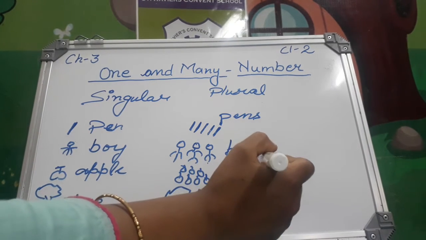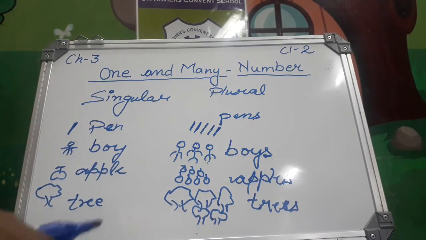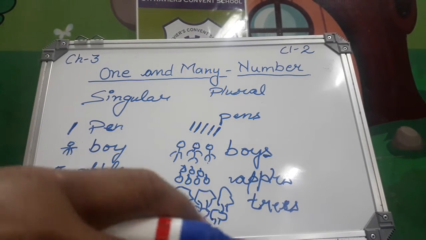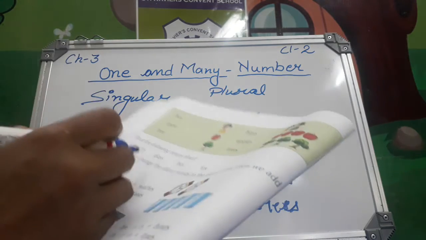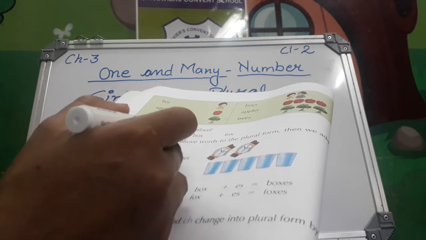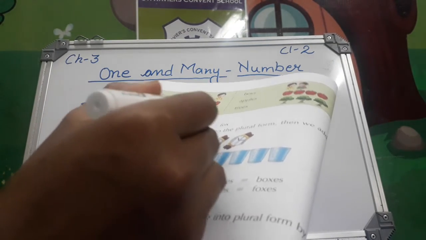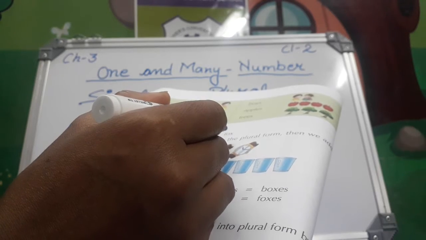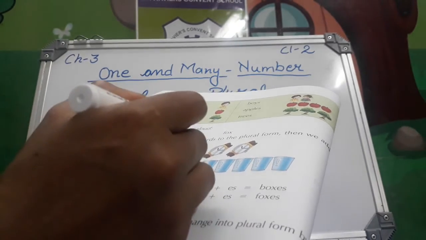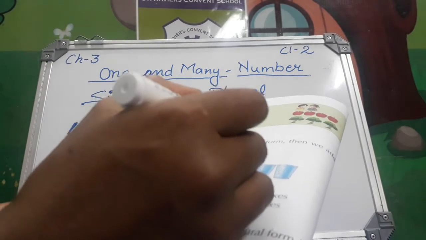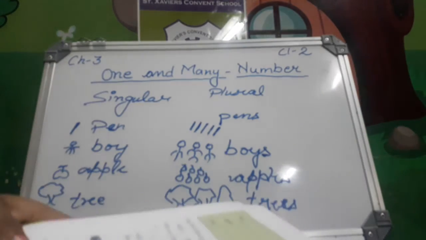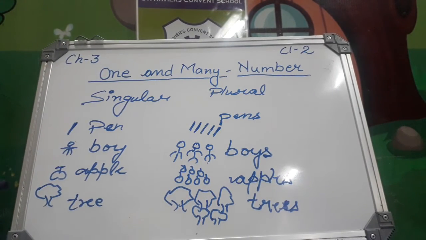But here are some words. Read the following nouns: lunch, watch, glass, box, fox. When we change the above words to the plural noun, we add es.